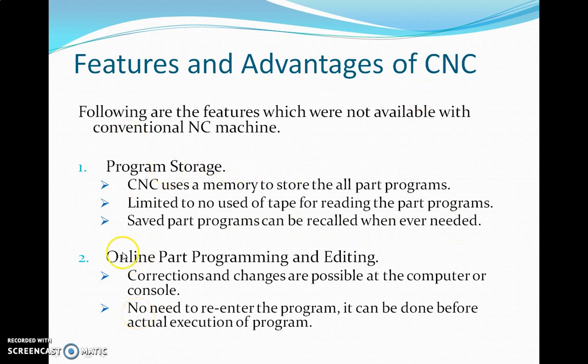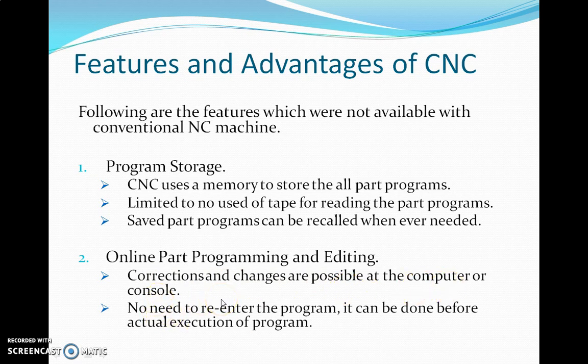The second is online part programming and editing. Because we are storing that program in particular memory, I get the advantage wherein I can edit that particular program before execution. So corrections and changes are possible at the computer or console.